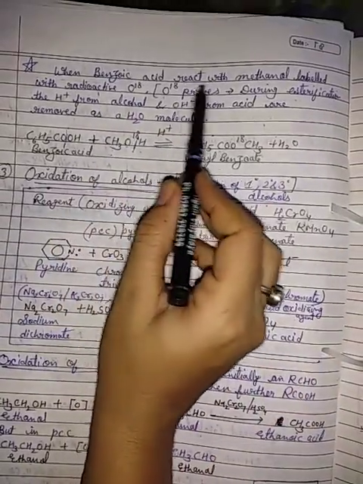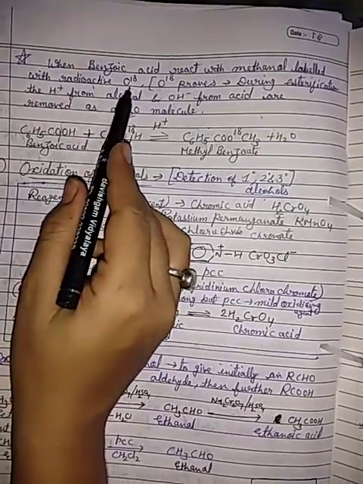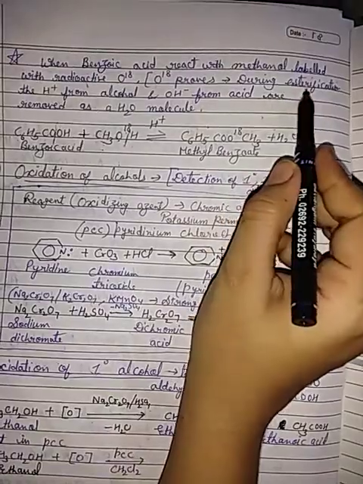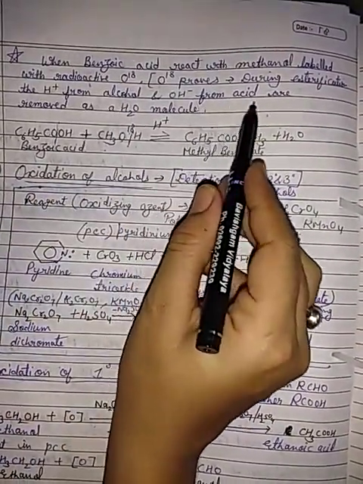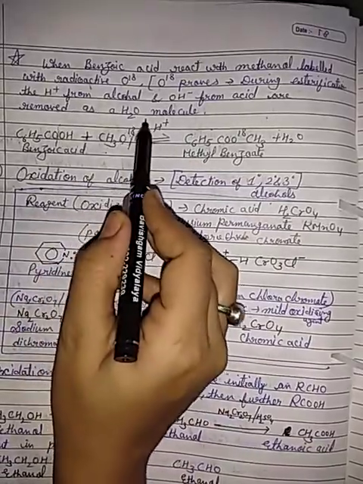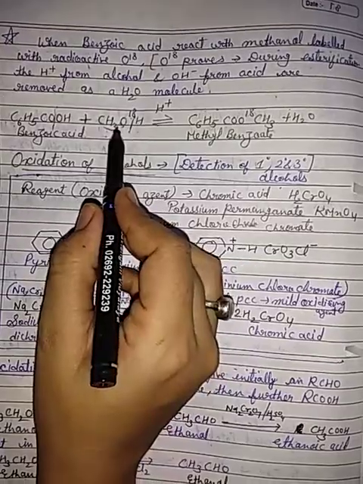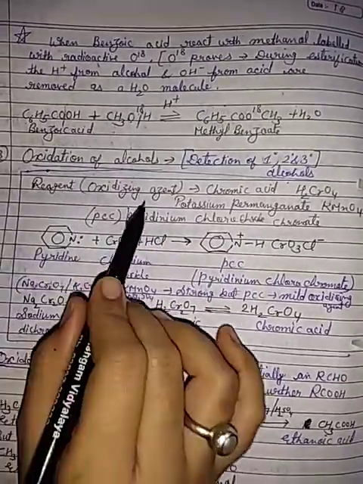When benzoic acid reacts with methanol labeled with radioactive O18, O18 proves that during esterification the H from the alcohol and the OH from the acid are removed as a water molecule. That means the cleavage is always of the OH of the alcohol, not from the acid.